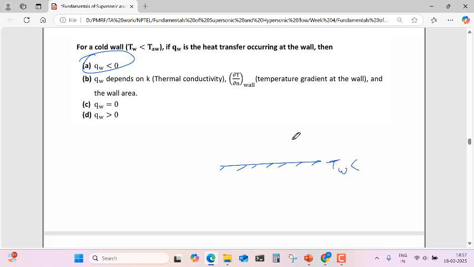So in which direction will the heat transfer occur? It will occur from wall to surrounding or surrounding to wall. From surrounding to wall, then will heat transfer be positive or negative?